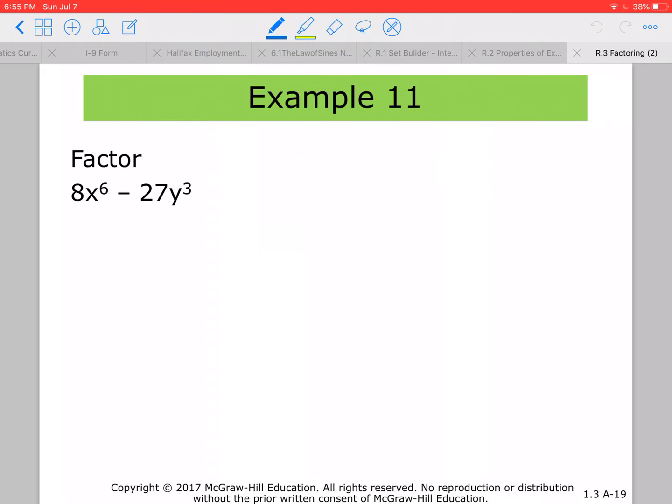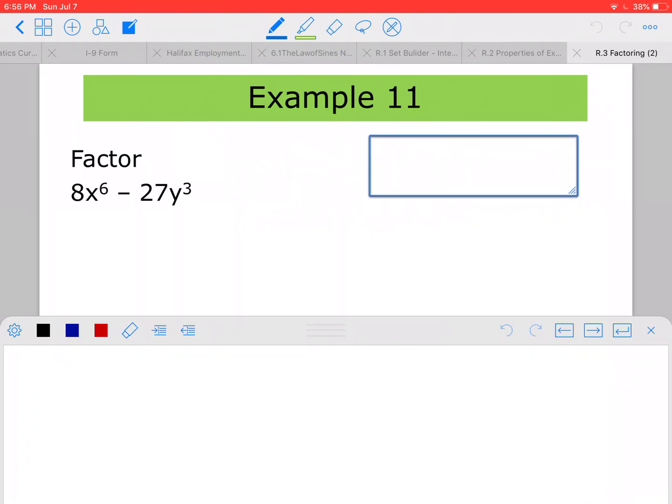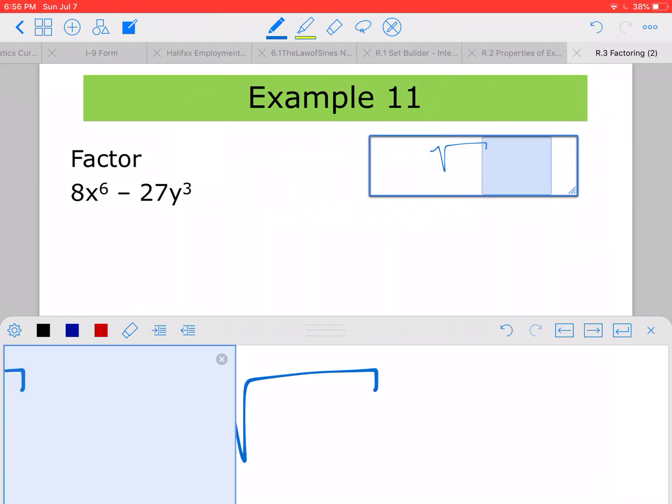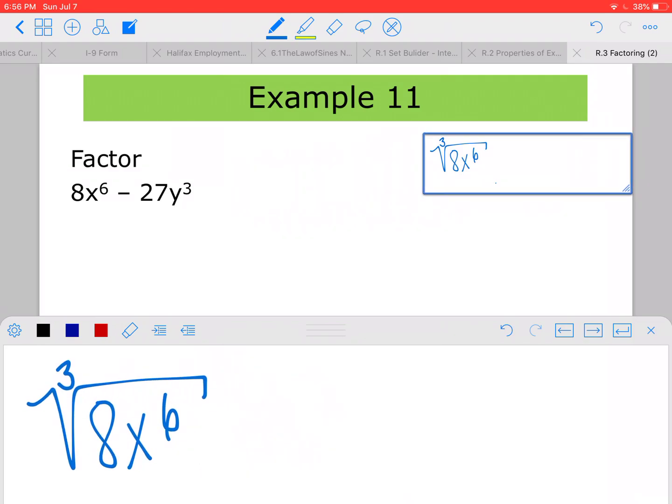And yes, x to the 6 is a cube. So, in this case, let's look at it here. The cubed root of 8x to the 6th would be, let's just go ahead and write this out to make sure we understand why this is a cube root.